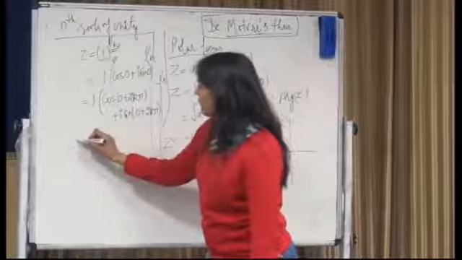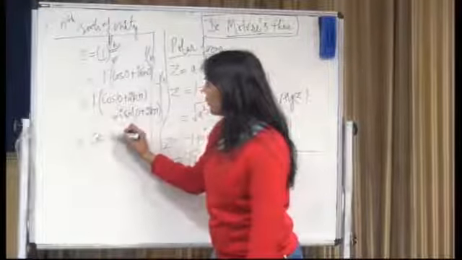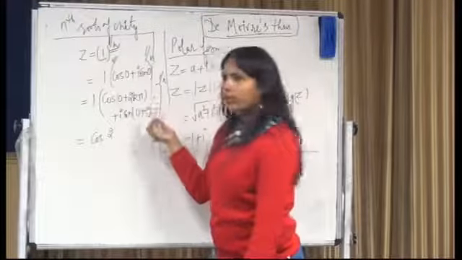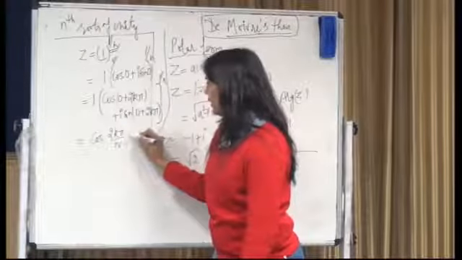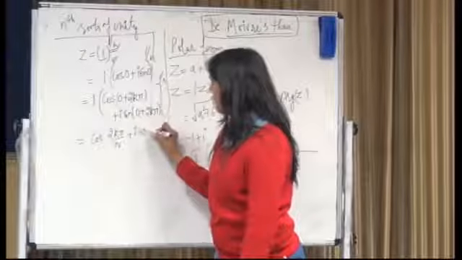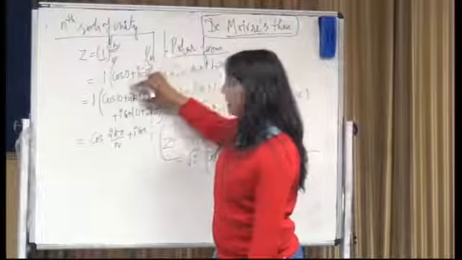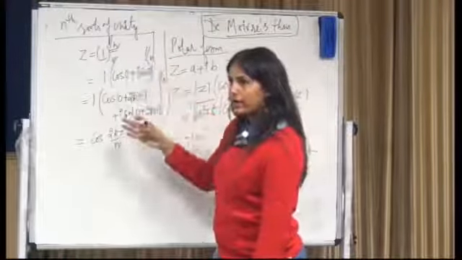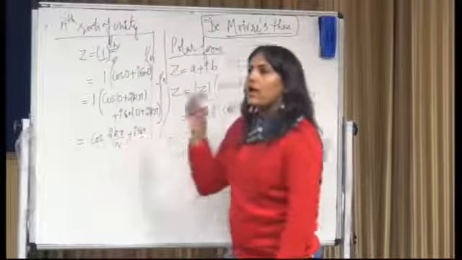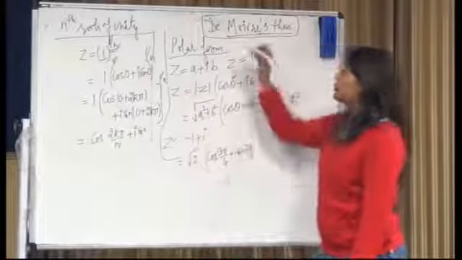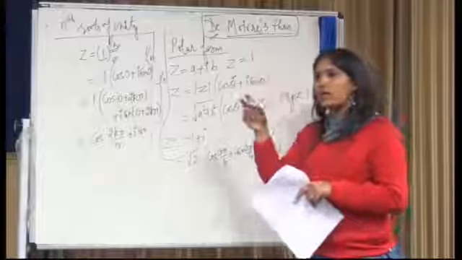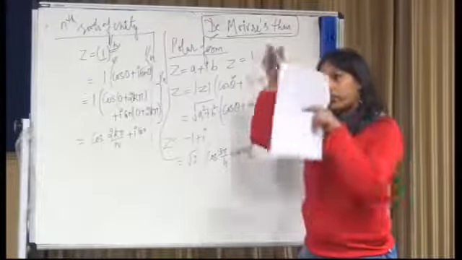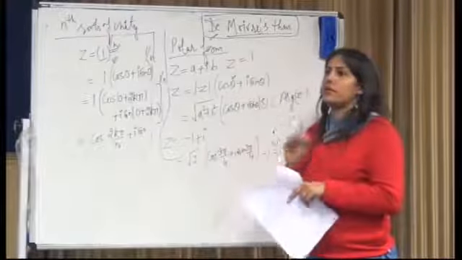Now de Moivre's theorem says, 0 plus 2k pi will be 2k pi only. So 2k pi by n plus iota. What I have done, I have taken this 1 by n inside the angle. And I am writing it because de Moivre says that if we have any number cos theta plus iota sin theta, any power, we can take that power inside the angle.